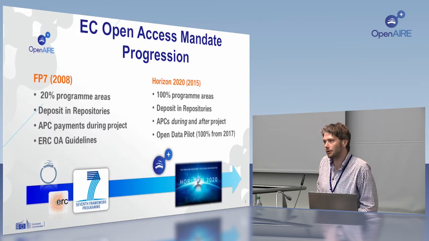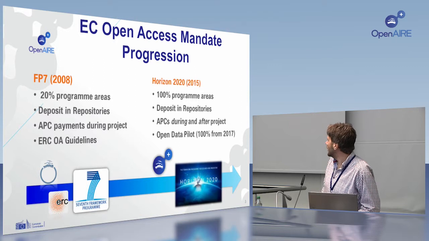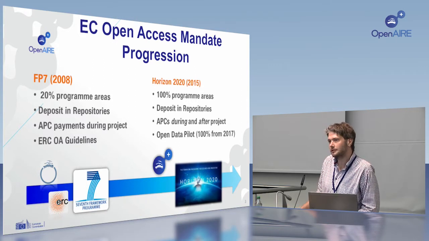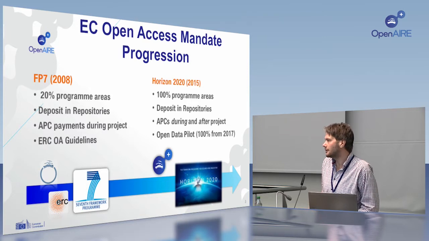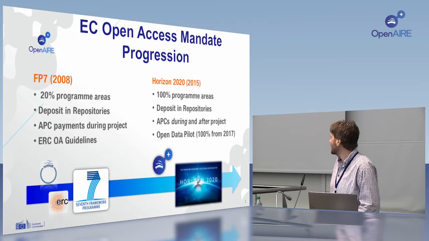So even if you publish in APC journals, you still must deposit your paper within a repository. Although the EC does pay for APCs, both from project budgets, but now we are also running a pilot to disseminate funds post-project. This is called the FP7 post-grant pilot.